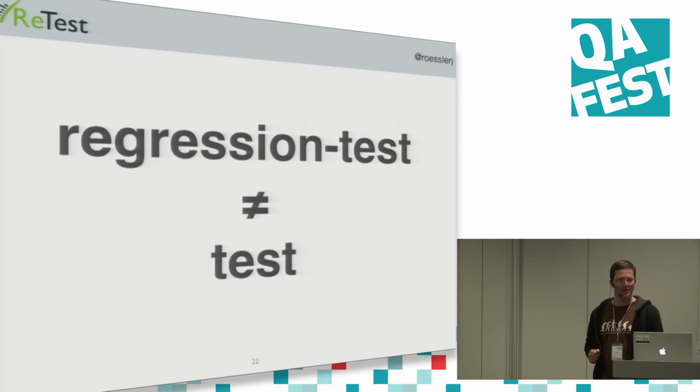Put it into the ticket system and we'll fix it next release, or we'll forget about it. If nobody cares. But you're not looking for new bugs. You just want to make sure that the software doesn't change in unintended ways. That's what a regression is, right? So regression testing is not testing.